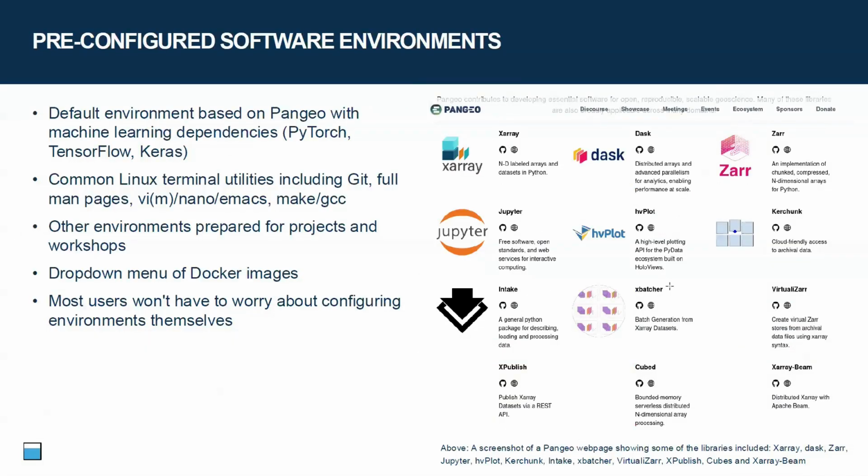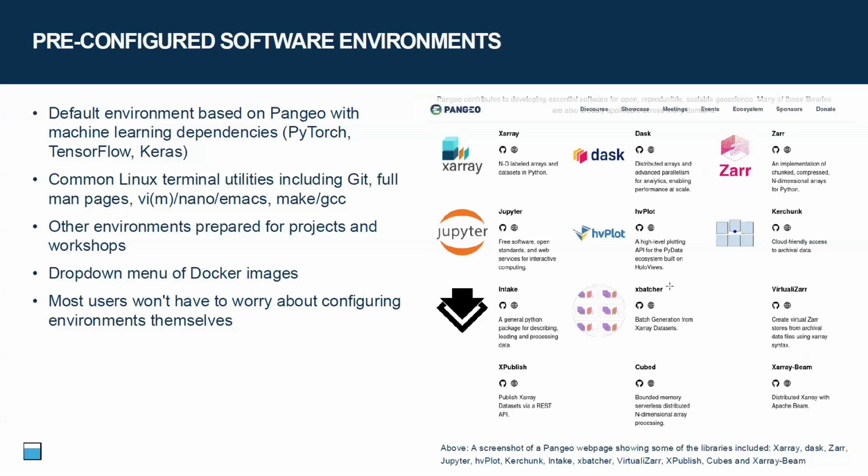So one of the big things we're aiming to do is to remove some of the pain around software environments. A lot of our researchers come to us having maybe got into a bit of a mess with creating software environments.